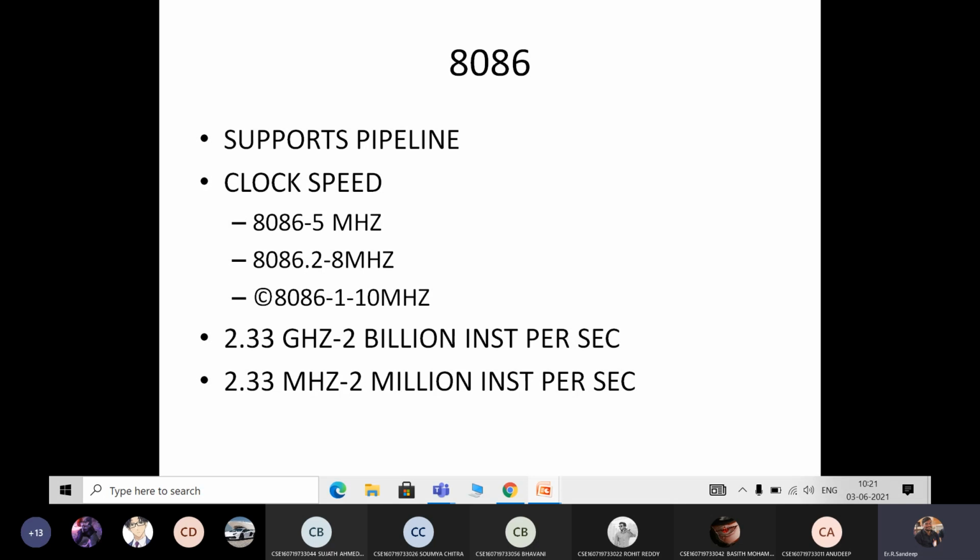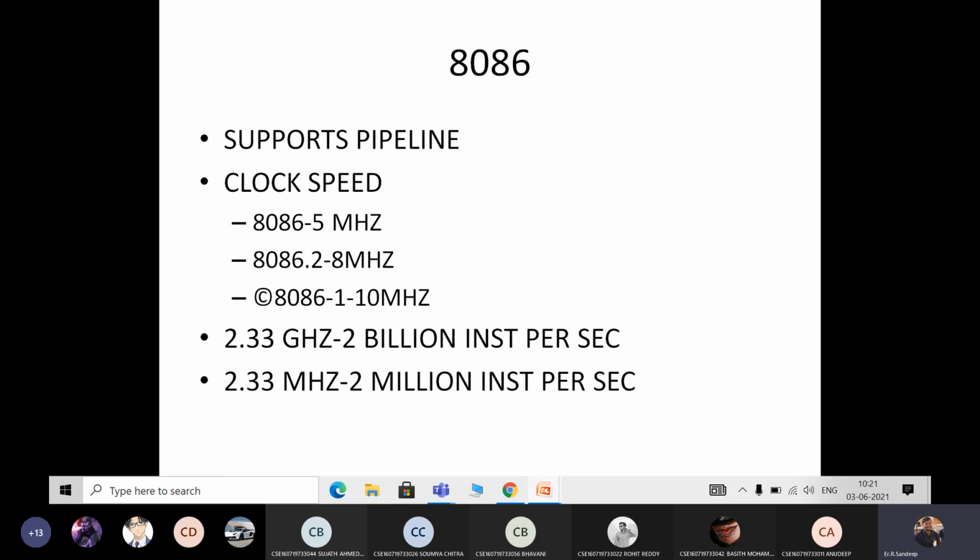The concept of pipelining is executing multiple instructions at the same time, and it supports a 2-stage pipeline, that means fetching and executing. This will increase the speed and performance of a system, and it can be operated with clock speeds of 5 megahertz, 8 megahertz and 10 megahertz.